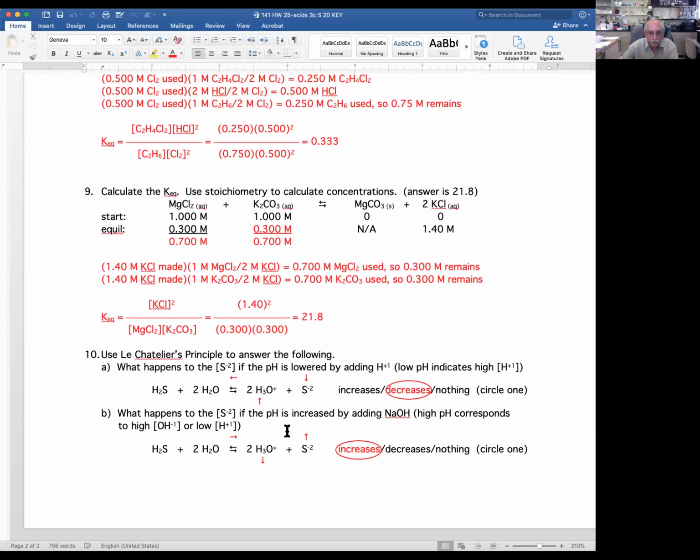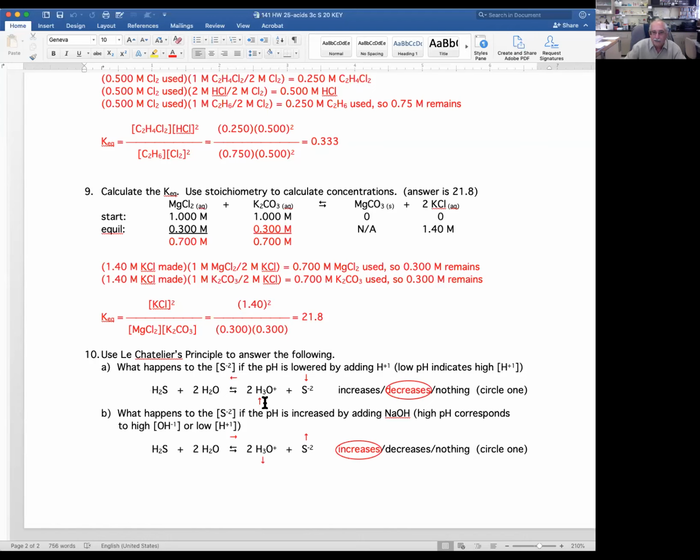And this was Le Chatelier's principle. So here's the equilibrium. So it's at equilibrium. And then I added acid to it. What does acid do? The acid is involved in the equilibrium right here.